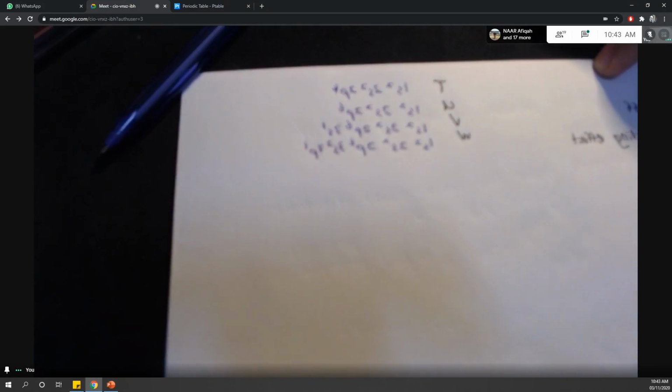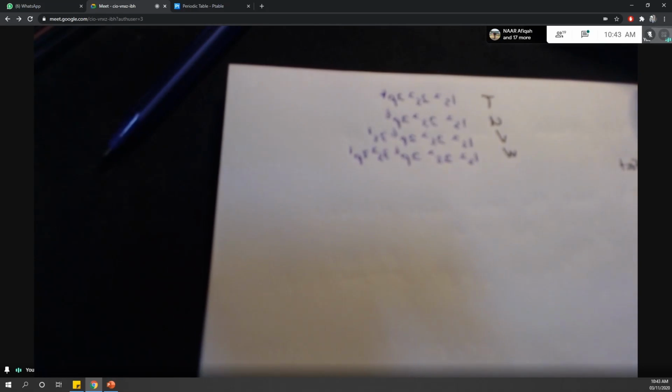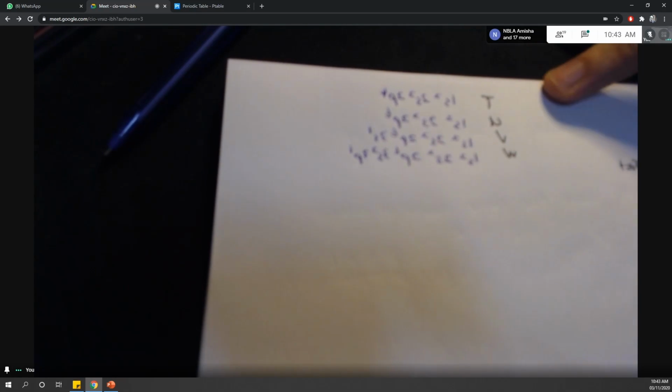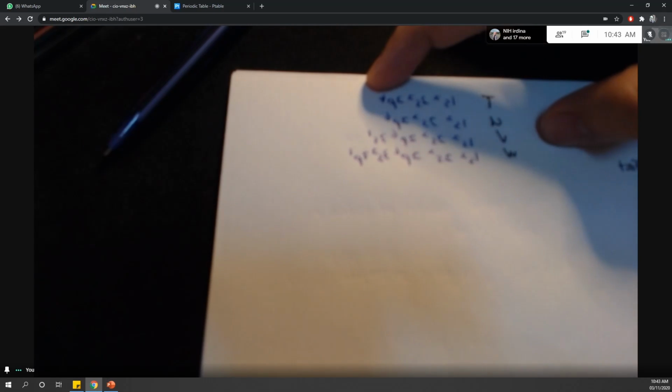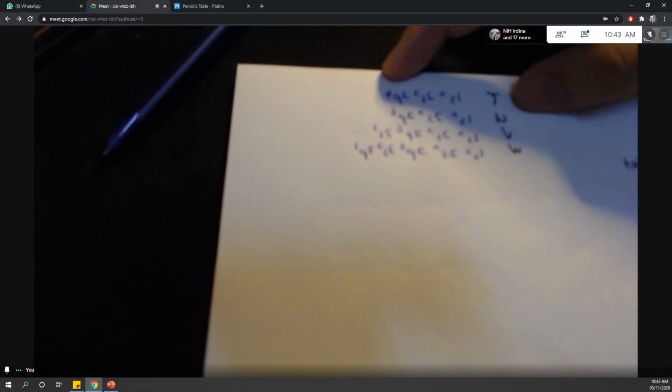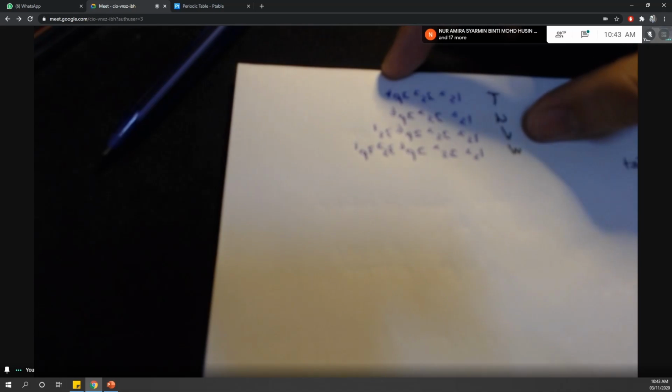Okay. Tadi macam kita tak ada idea kan, mana satu lah yang lagi besar atomic radius. But now, do you guys have any idea mana yang satu besar? Okay. So nampak, out of the gate you dah tahu W is the highest, paling besar.